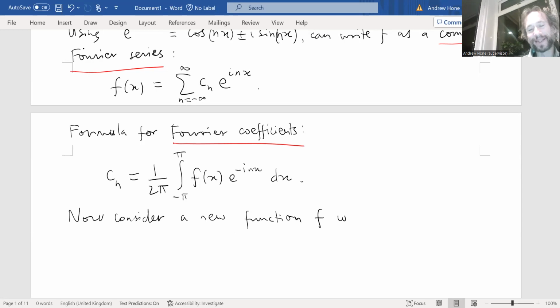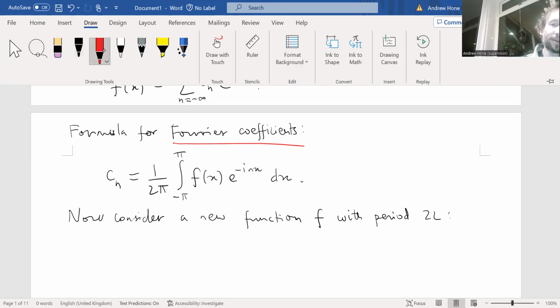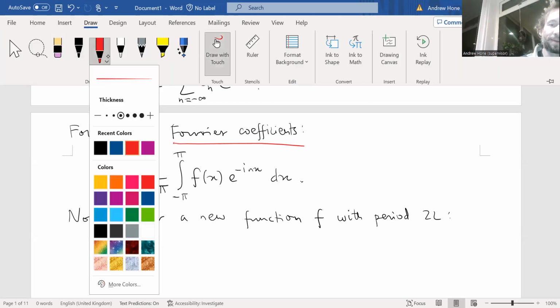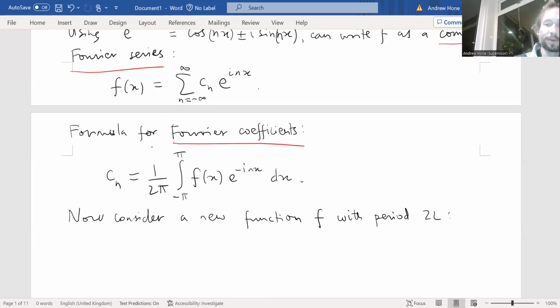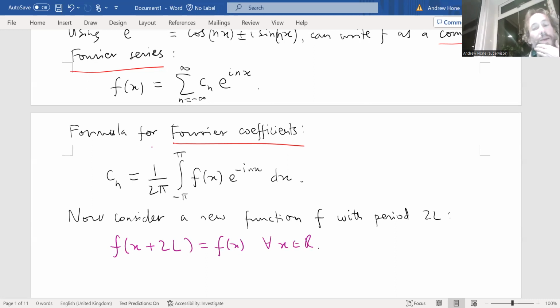So I'm using the same letter, but I want to have the period being 2L. Okay, so f of x plus 2L is f of x, for all x in R.